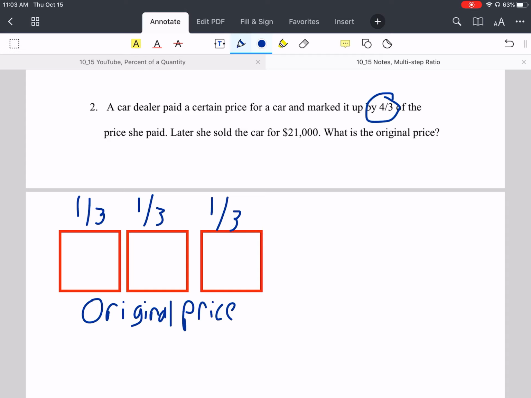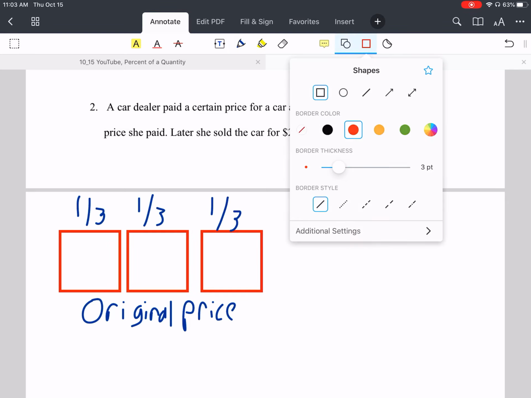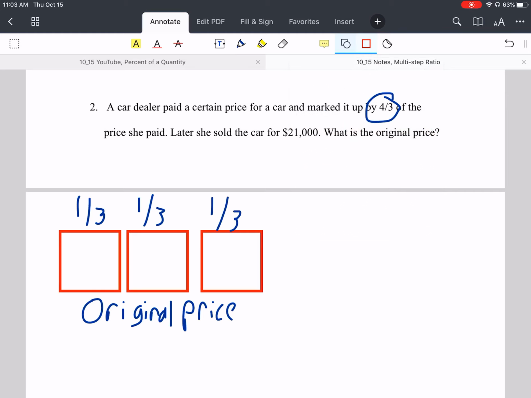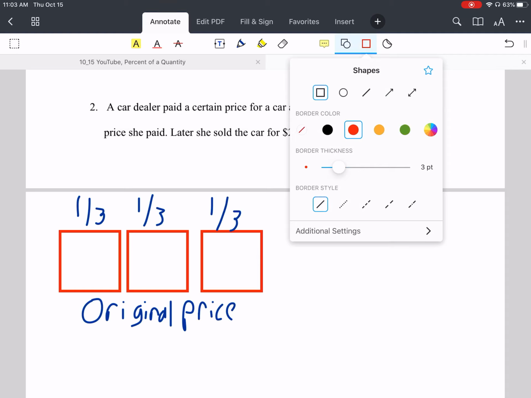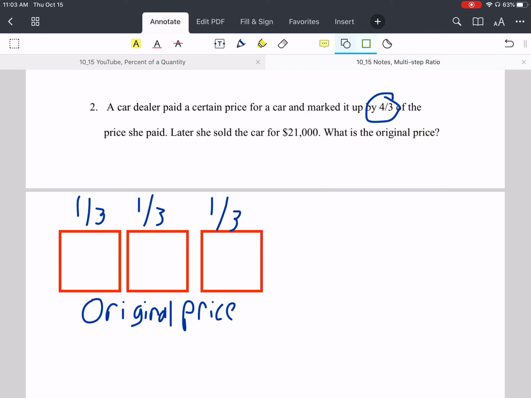So each box represents 1/3, and we see that the car price was marked up by 4/3. So if each box is 1/3, and they're marking up by 4/3, we need to add, and I'm going to do a different color actually. We're going to add 4 of those thirds. So we're adding 4 boxes.